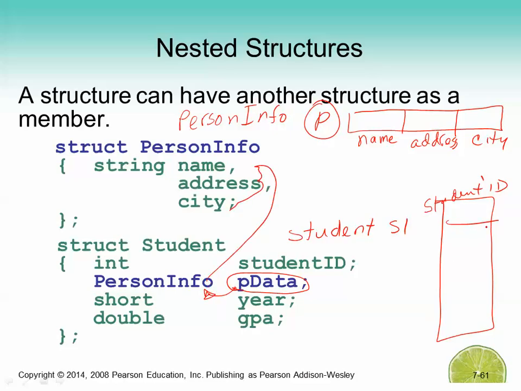So it's like I'm going to have a sub-structure right here that is going to be divided into three. So now this is P-data, but P-data is name, address, and city. But P-data is inside S1. And then I have year, and then I have GPA.